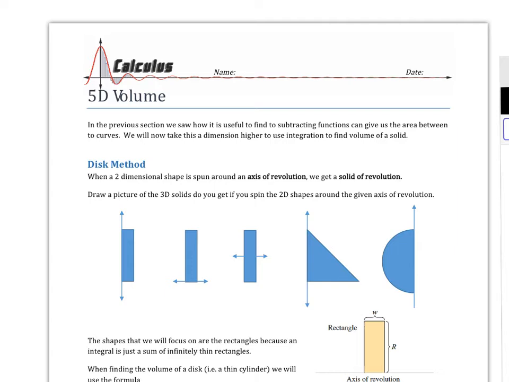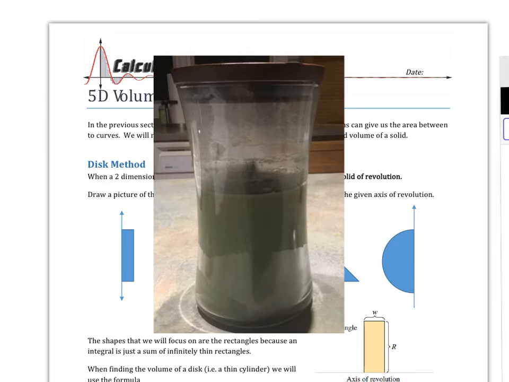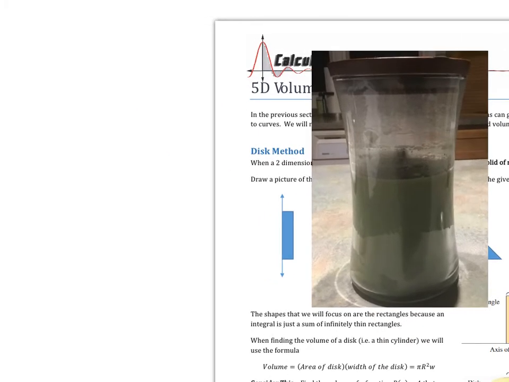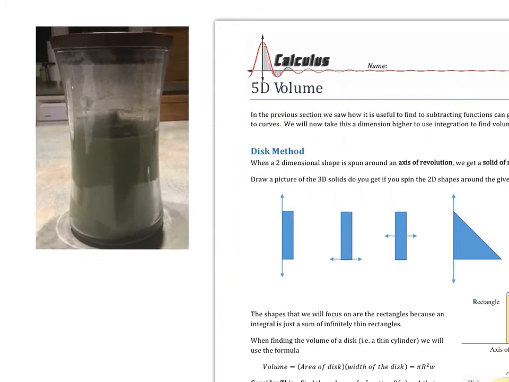As I'm sitting here making this video in my kitchen, we got some volumes in front of me. Let me snap some pictures. Here is a candle, and it's solid, and it's got some kind of curve here.